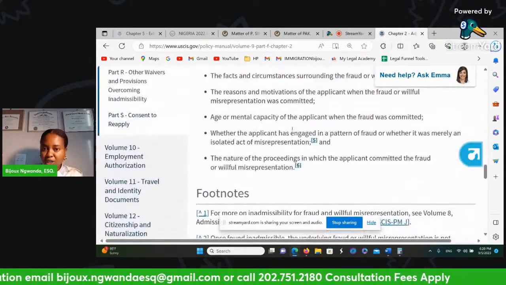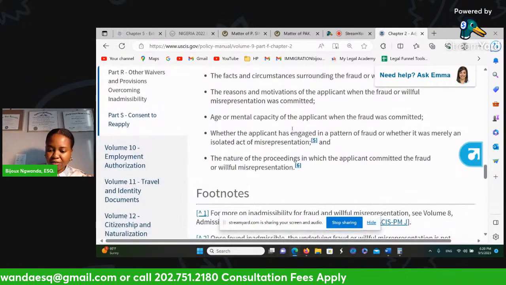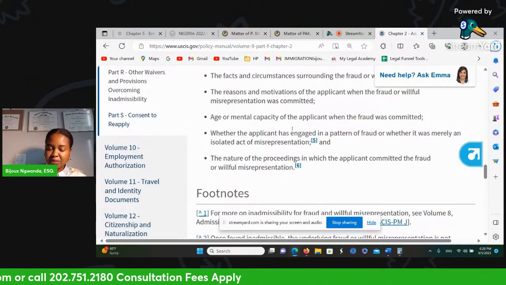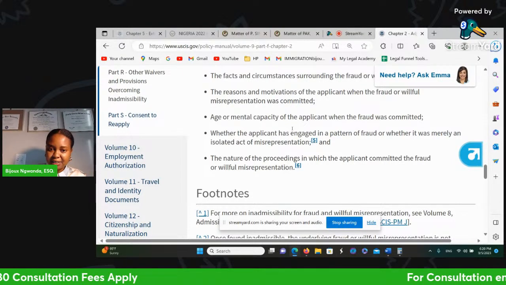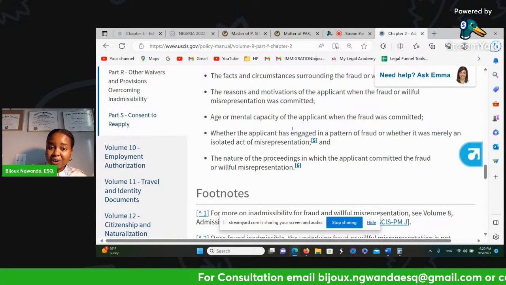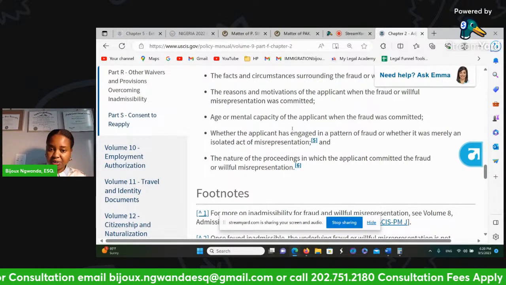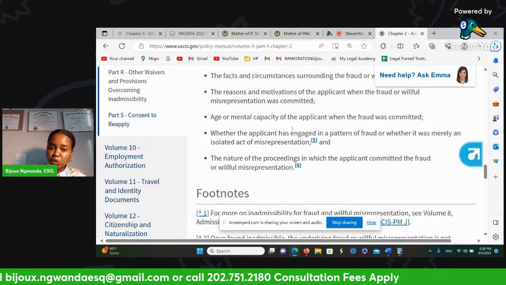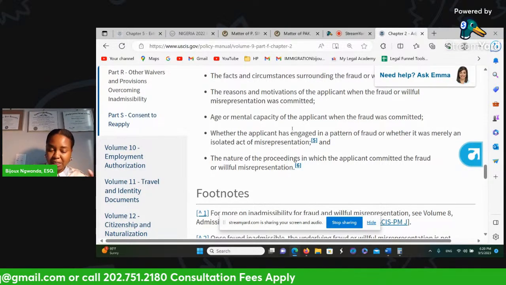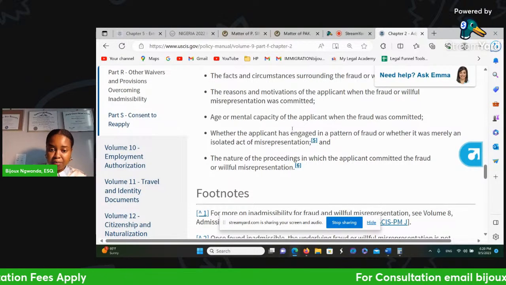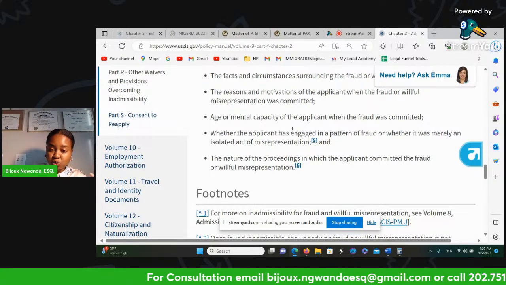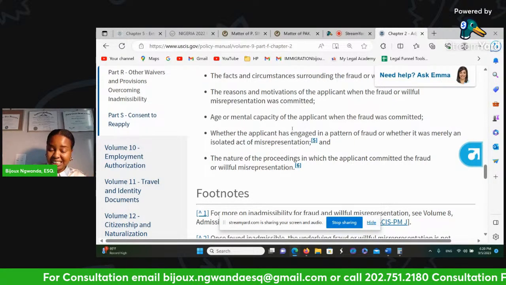There's another waiver when somebody is in removal, when the judge can grant it, but that's for a permanent resident or conditional resident, who at the time had some type of immigrant visa already. Those are the ones who can use children to waive misrepresentation, and they have to be in removal at that point. But other than that, for other people, it's not going to work. Children will not waive willful misrepresentation.